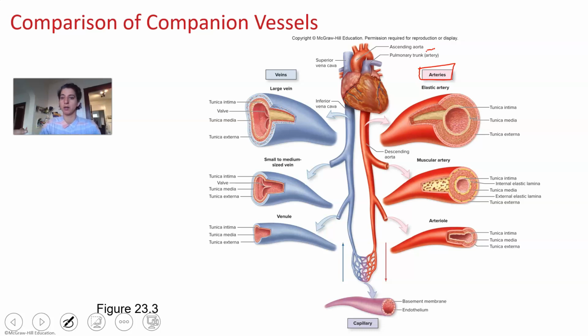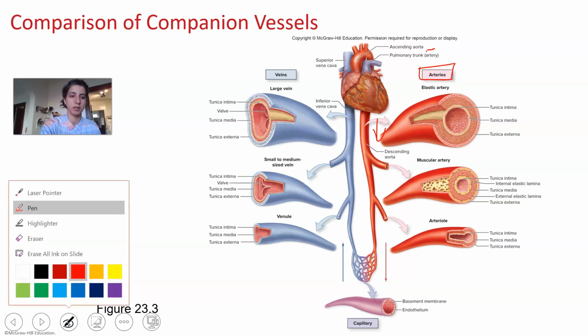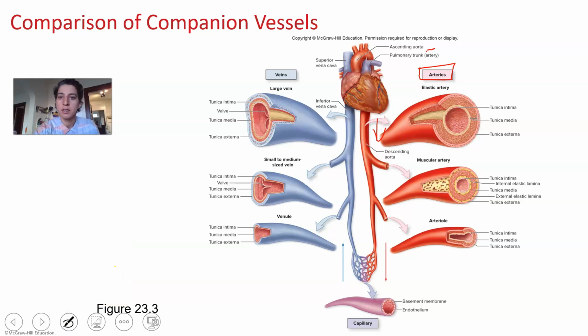Those are elastic arteries. As we get farther away from the heart, we go down the descending aorta. Some of you were confused in the previous chapter about ascending versus descending aorta. It's continuous. I'm going to change my color to yellow. This is the ascending aorta.